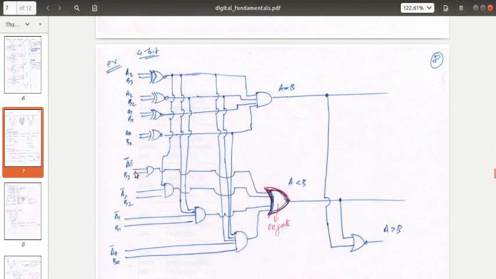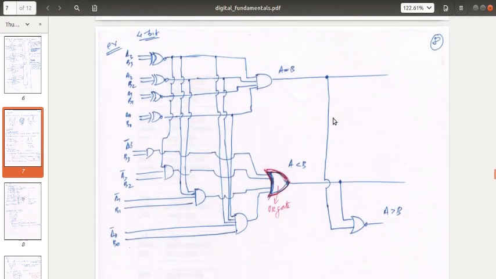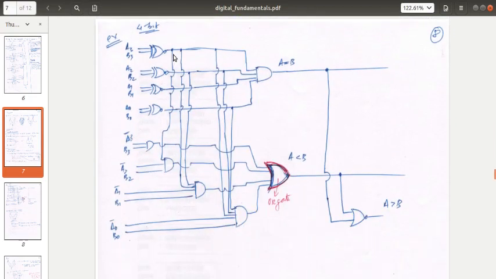The first condition is A3 bar and B3, that is given to the OR. So this will be A3 bar and B3, OR. What is the next term? The MSB is equal, but the next term is not equal, right? So it will be A3 XNOR B3, the equality condition, but the next bits are not equal.